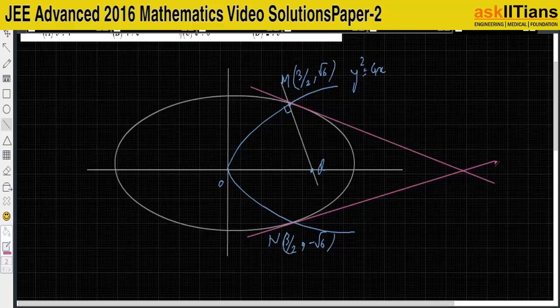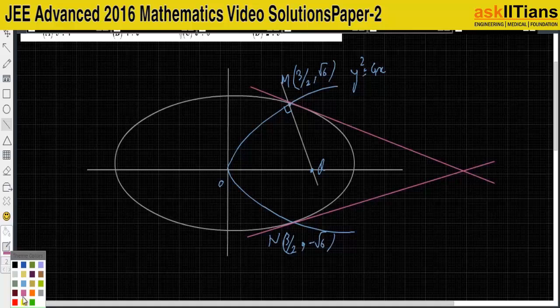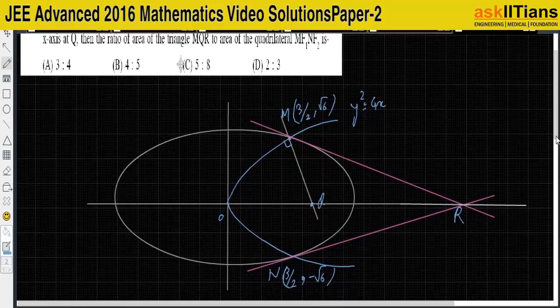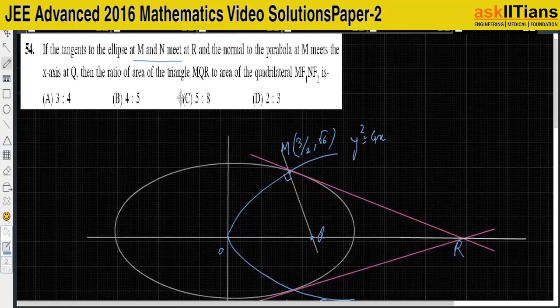And these two will intersect on this line only, on the x-axis only. It will be like this. This point is R. It will intersect on the x-axis because there is symmetry, right?